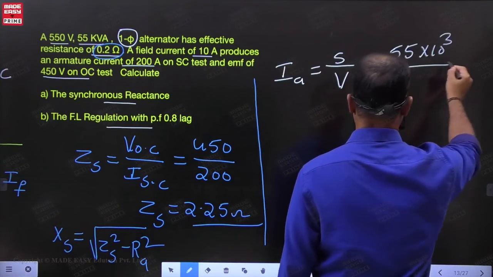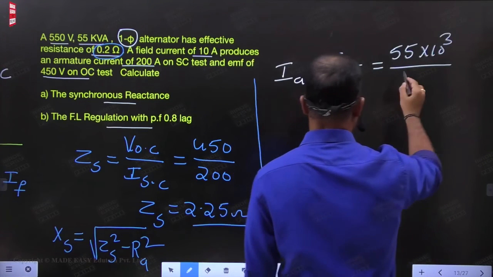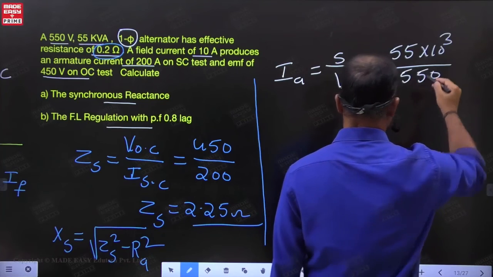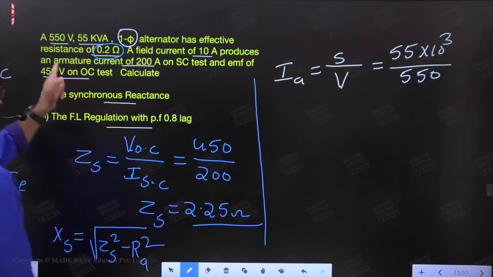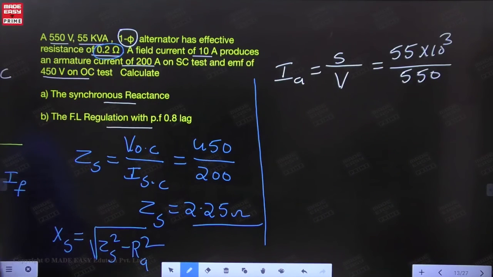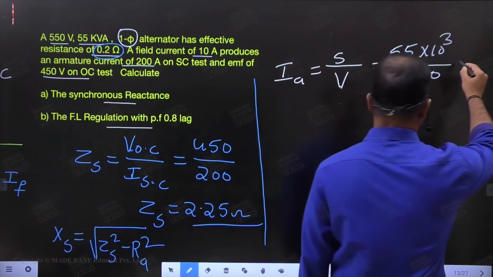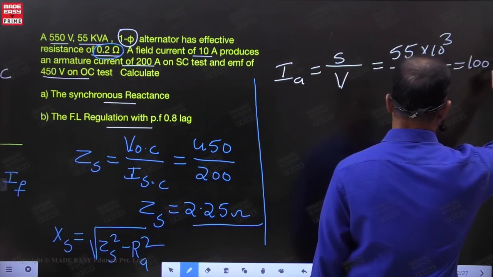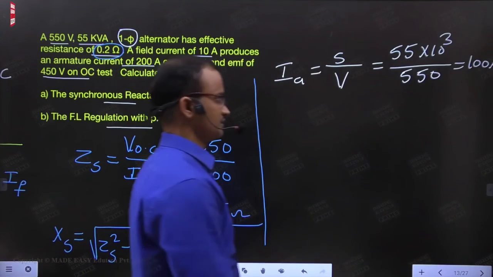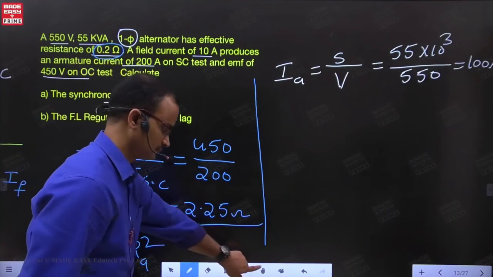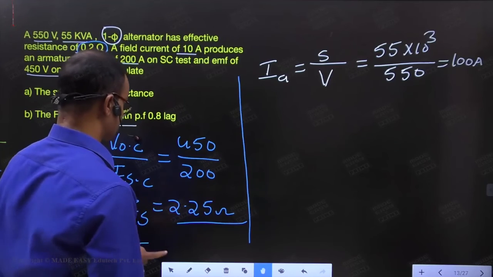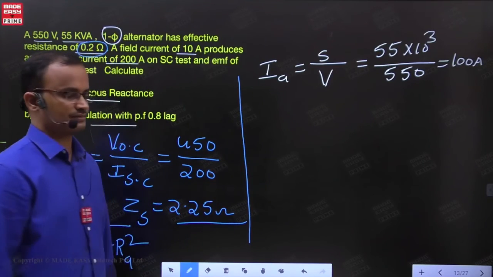What about the given rated voltage? Rated voltage is 550. क्वेश्चन में दे दिया आपको. सिंप्लीफाई करो. By simplifying this, the armature current is equal to 100 amperes.